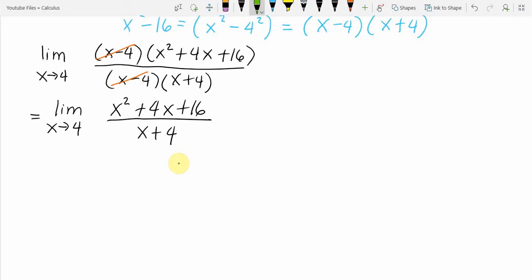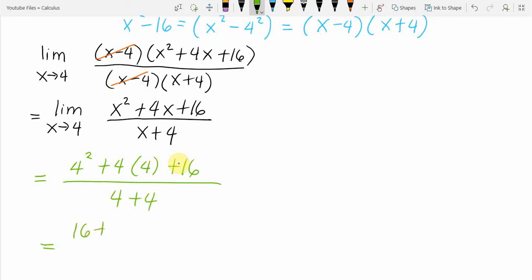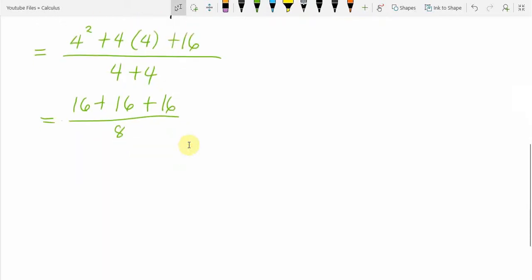So this becomes 4 squared plus 4 times 4 plus 16 divided by 4 plus 4. So this is actually equal to 16 plus 16 plus 16 divided by 8. 16 plus 16 plus 16 is equal to 48, and then divided by 8, this is equal to 6.